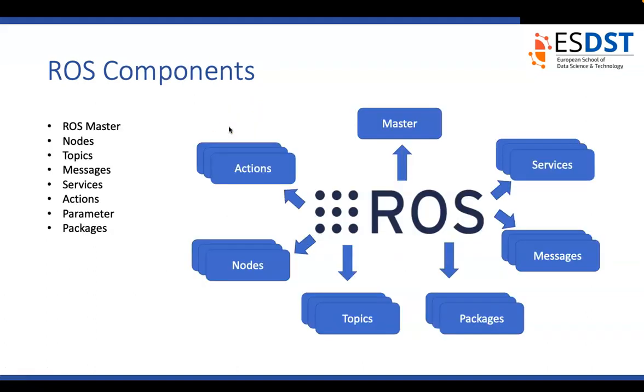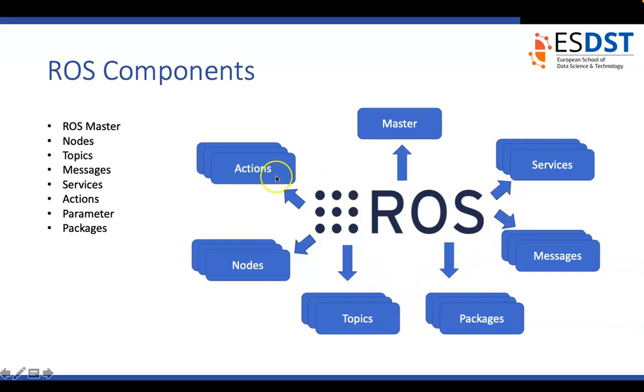Okay, then we have ROS components. Just do not worry about this at the moment. We'll touch each and every topic in the next lecture. It's just a ROS master. This is one master where everybody should talk around. Then there are nodes, each an independent node. It's a publisher-subscriber model. So you have nodes, which are the processes that run.